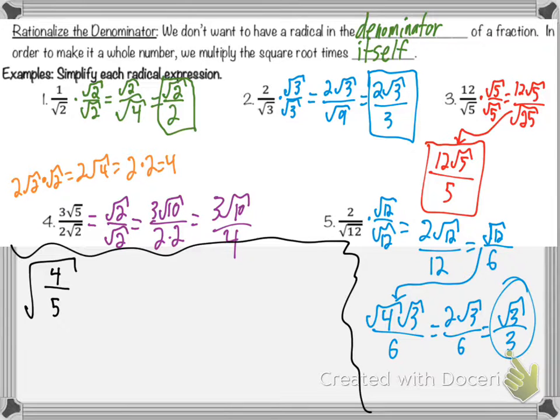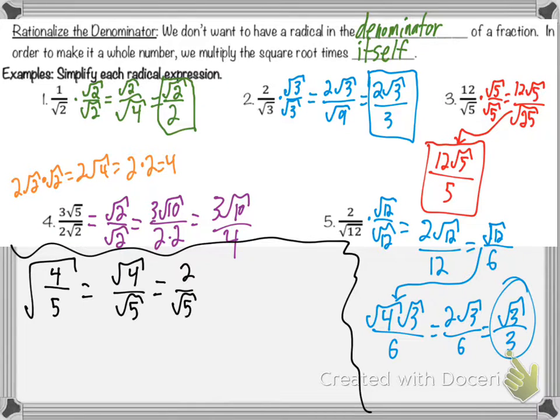Well, what's that mean? Well, that's really the same thing as calling it the square root of 4 over the square root of 5. And we would know how to do that. And where we'd go from there is we'd say, okay, well, the top is clearly 2. The square root of 4 is 2 over the square root of 5.